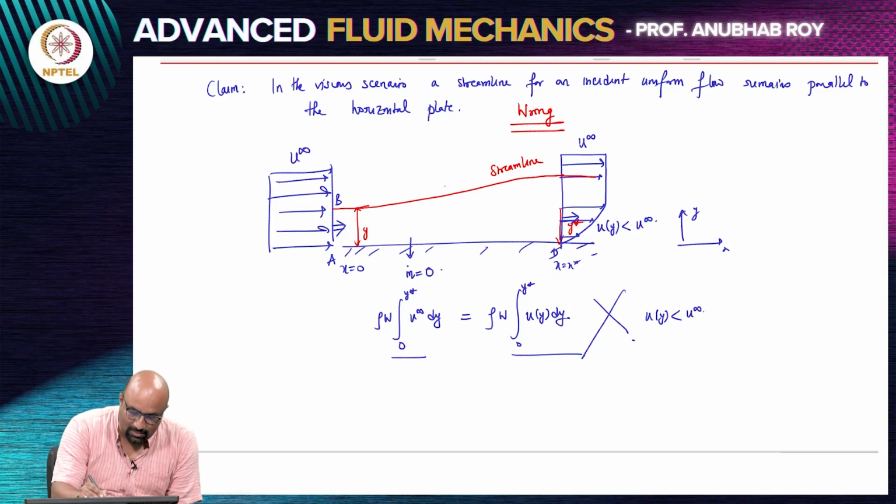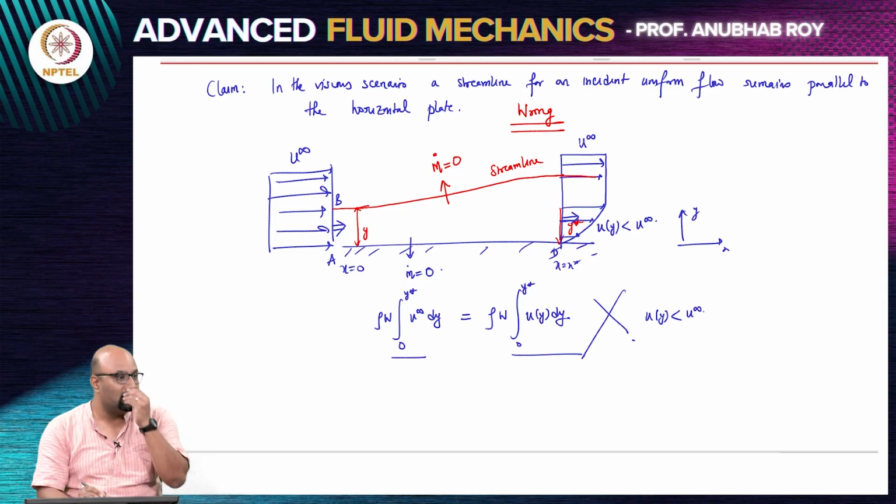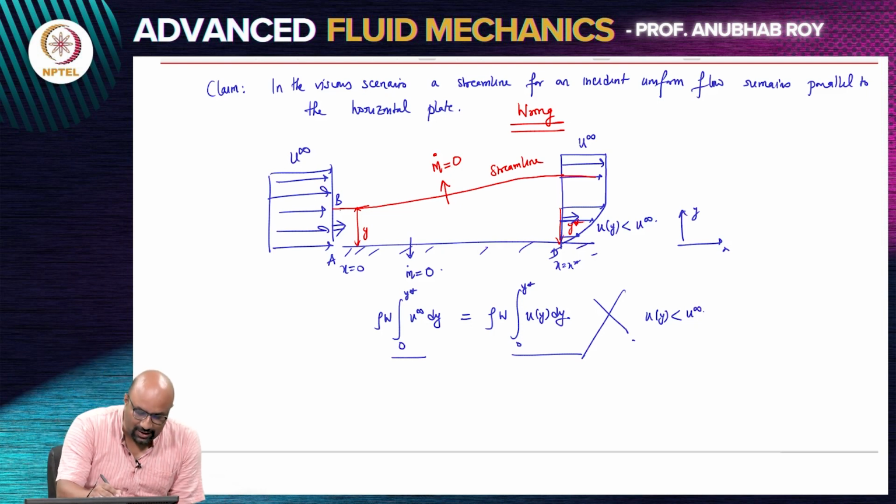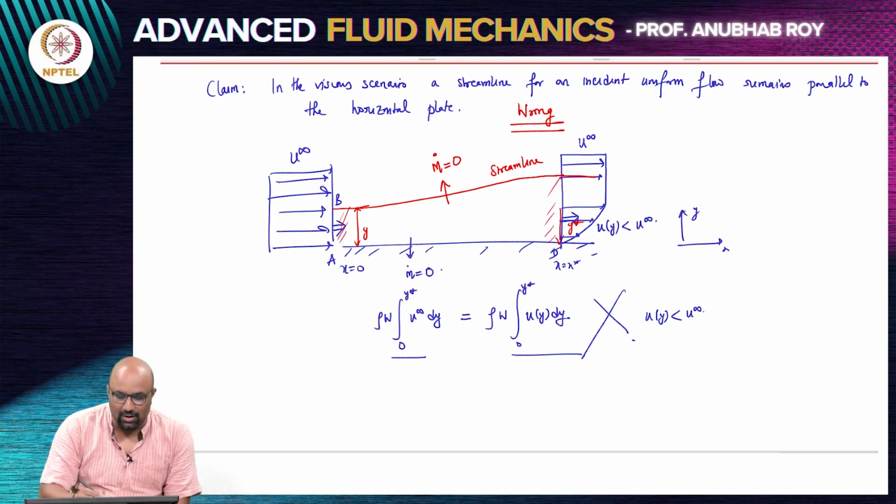Because at the streamline you will have m dot equal to 0. That is the definition of a streamline. There is no normal flow across a streamline. A streamline by definition will always have velocity vectors tangential to it, which means you will not have any normal motion to the streamline. So, the amount of stuff that is entering from here will exactly be the amount of stuff that is exiting.